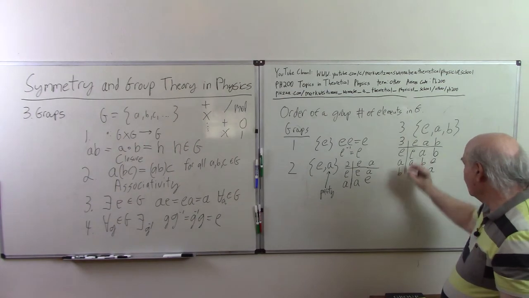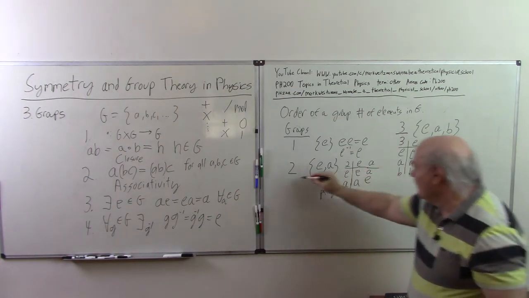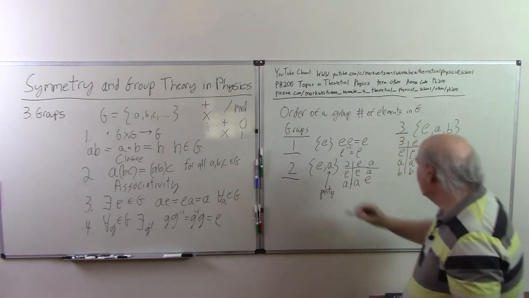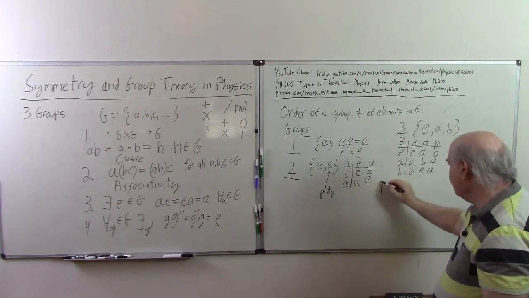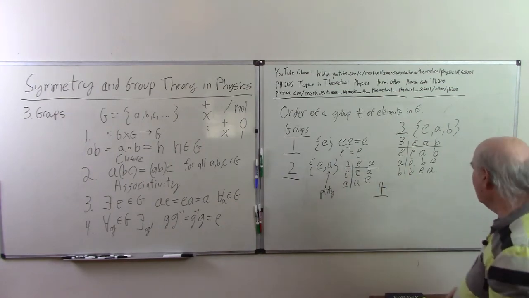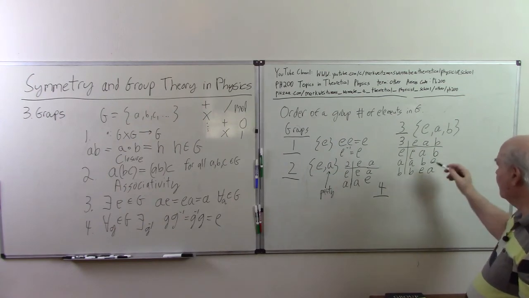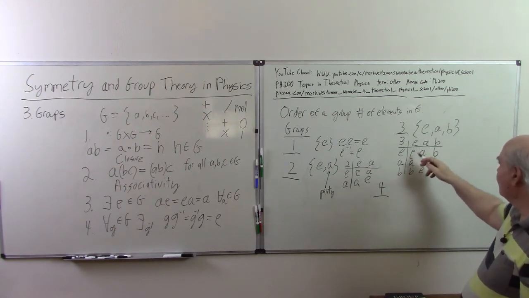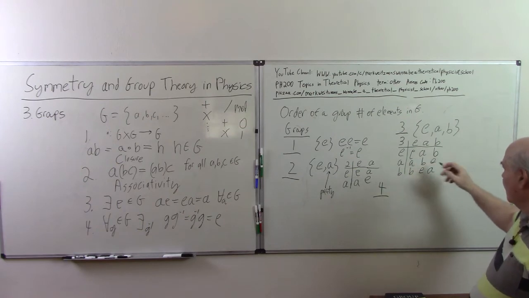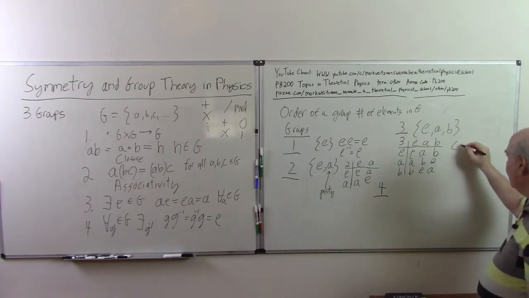Now let's go to the 4-element group. And so this group is what's known as a cyclic group. This is a cyclic group of 3 elements.